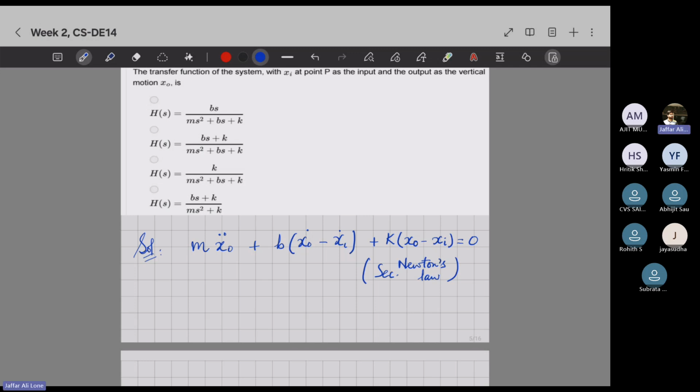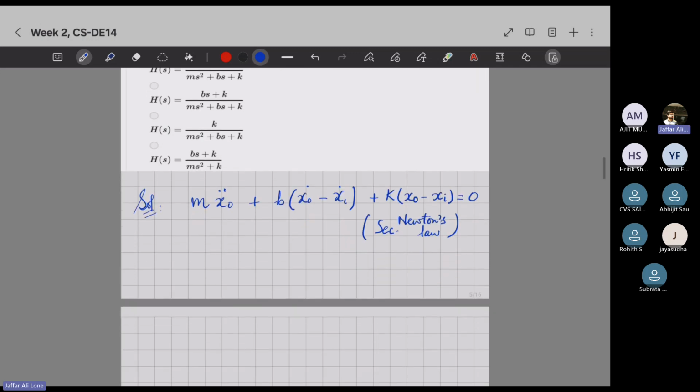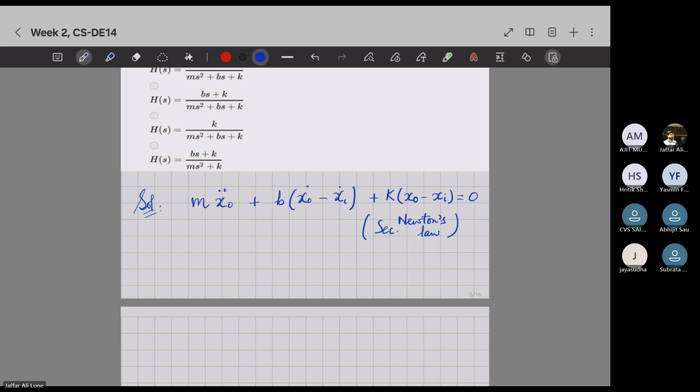Now this is in the time domain, and you have to find the transfer function. Transfer function is in the s domain. So the first thing is we have to take the Laplace transform. The other step is I'll take x naught on one side and x i on the other side.